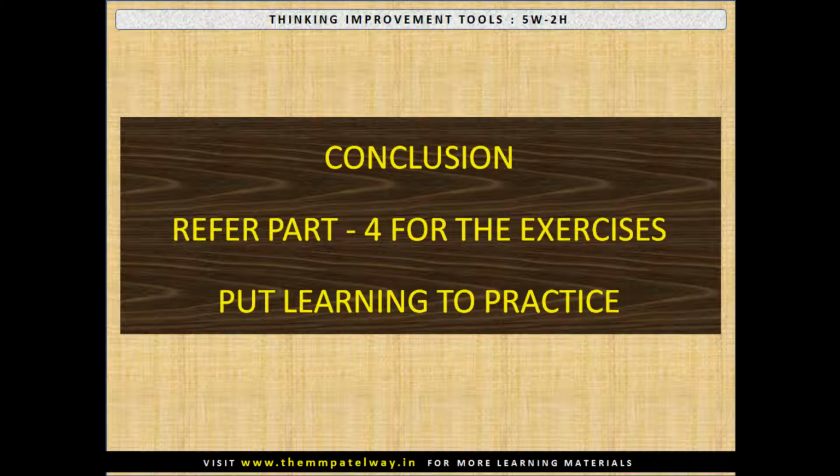The discussion on improving thinking skills, concept and techniques will be followed by more than 20 sets of exercises. You will find many exercises where you would like to use 5W2H method. I would suggest you to use the technique sincerely and seriously.